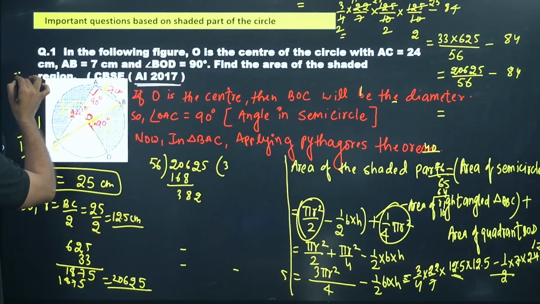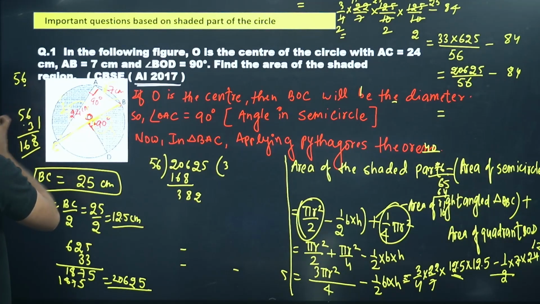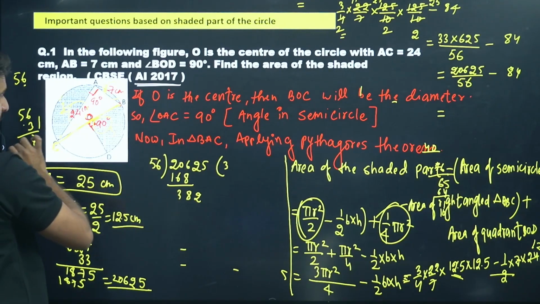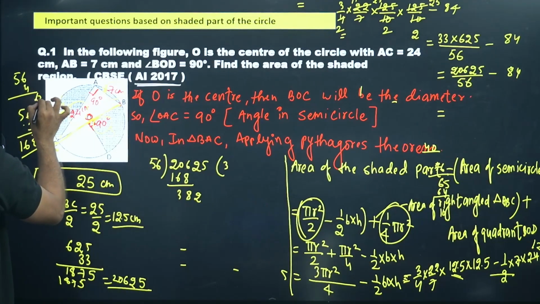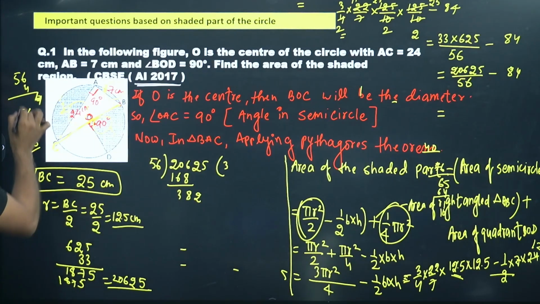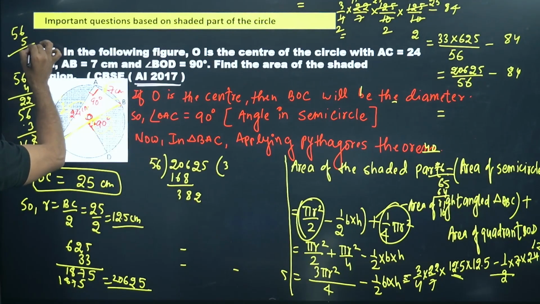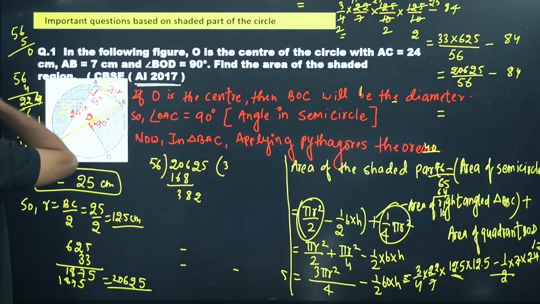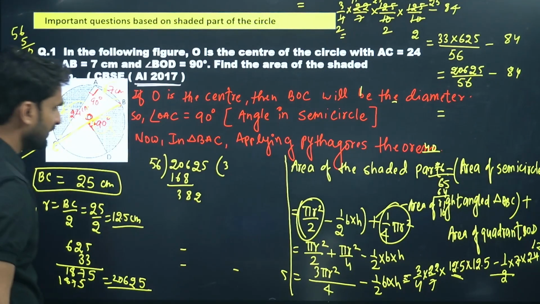Now 56 times 4, 44 to 224 will be there. We can check 56 times 5. What will be the result? 0, 3, 280. I think it will work.